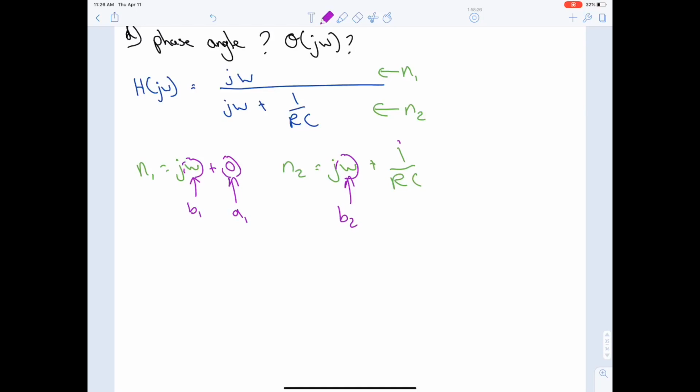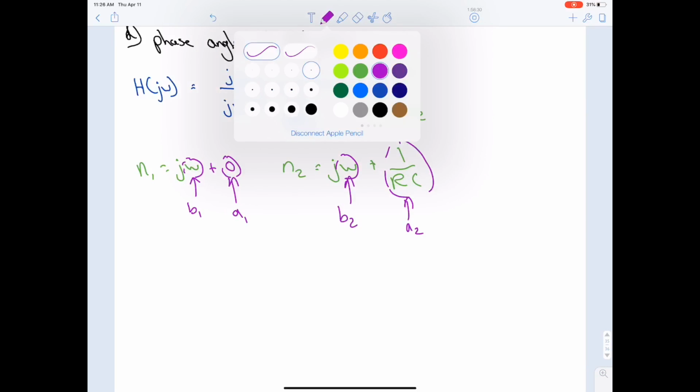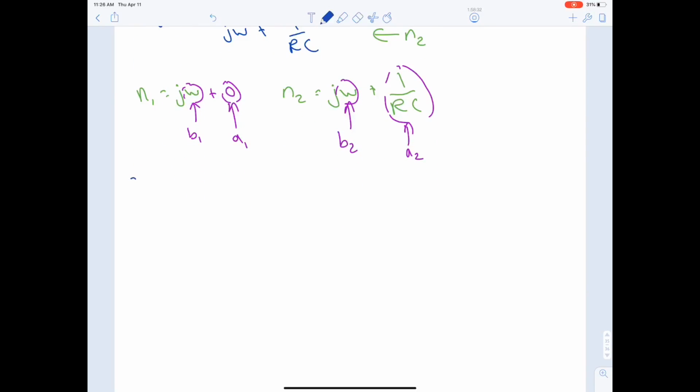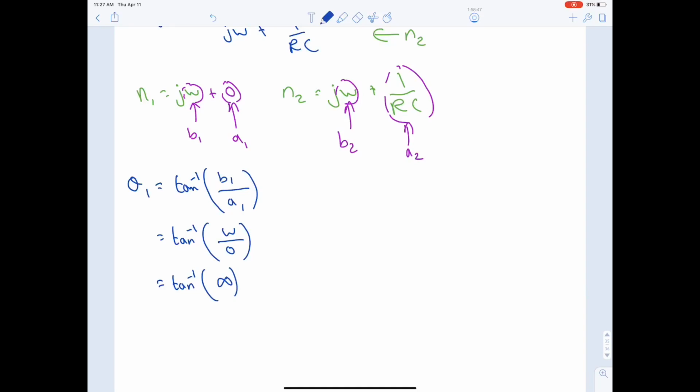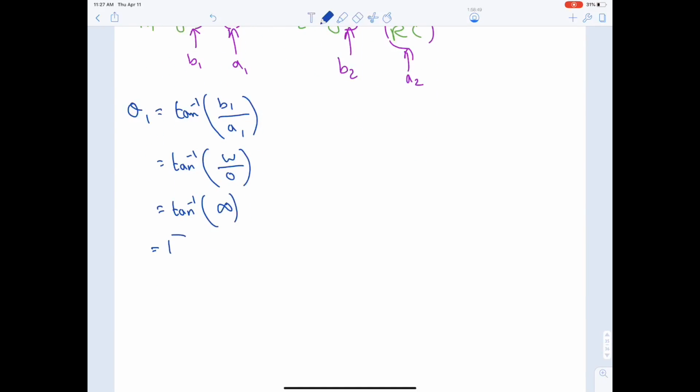Now what is theta 1 and theta 2? Theta 1 is tan inverse of b1 over a1, which is equal to tan inverse of omega over 0, which is equal to tan inverse of infinity.